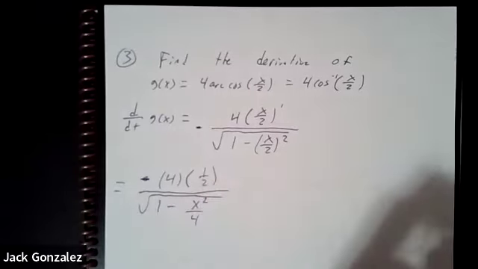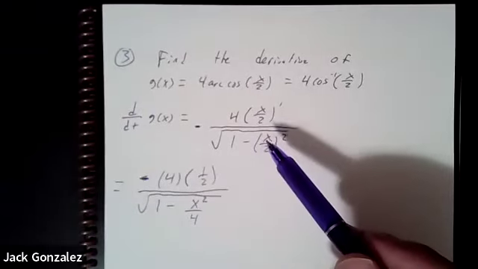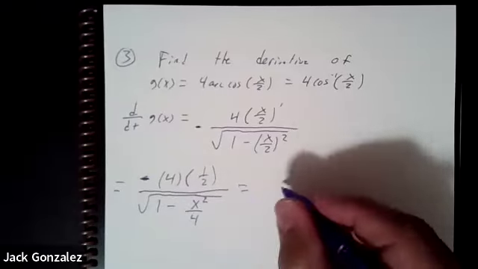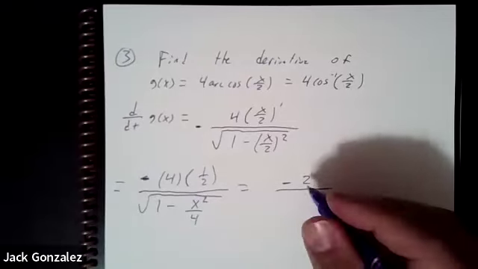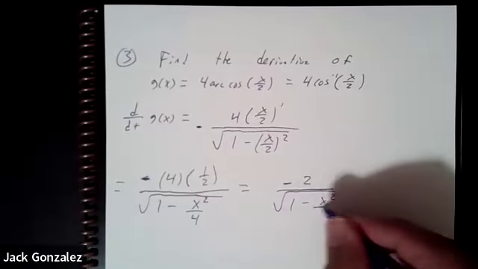At this point, the derivative is done. So just simplify this and you're good. I think negative 2 over the square root of 1 minus x squared over 4.